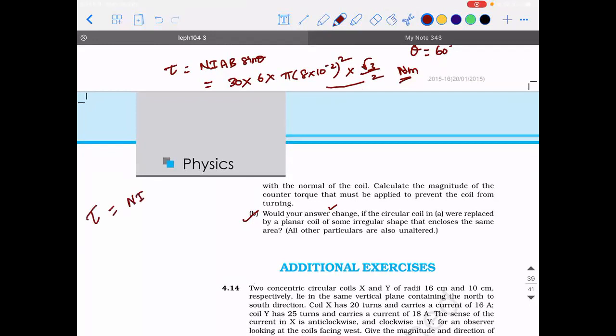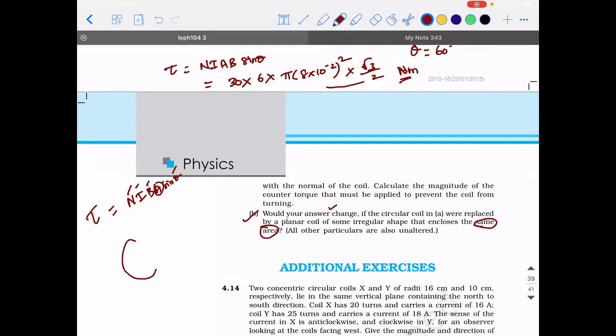It is NIBA sine theta. They told all other particulars are same. NIB and sine theta are the same, and it encloses the same area. So if area is also same, the answer won't change. It will not change.